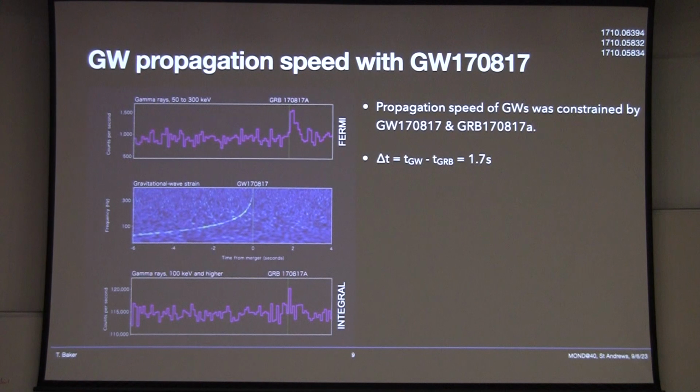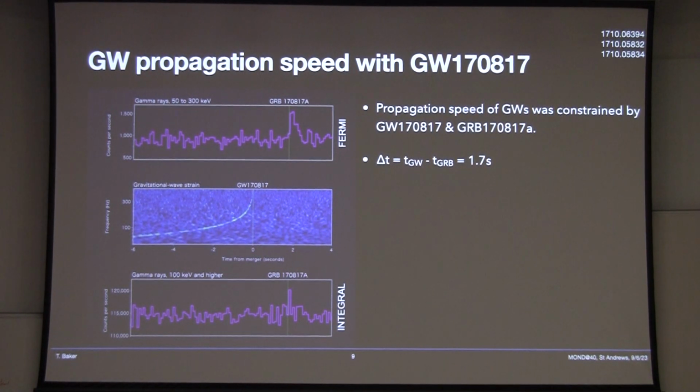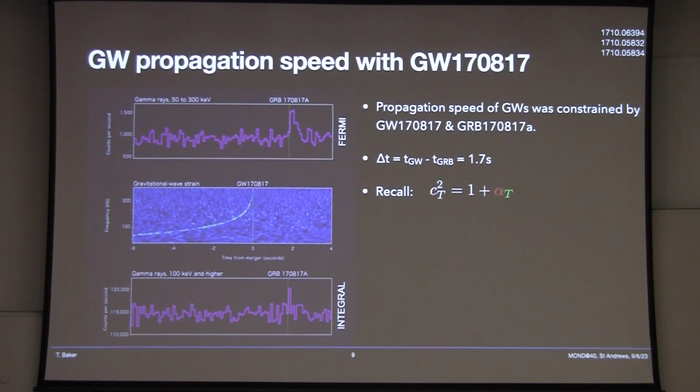So the fact that we have these 2 signals, photons and gravitational waves, arriving at Earth within 2 seconds of one another allows us to place a bound on any relative difference between their speeds of propagation. Okay, and remember that was exactly what's parameterized by our first Horndeski alpha parameter, which was alpha t. So you can do this calculation.